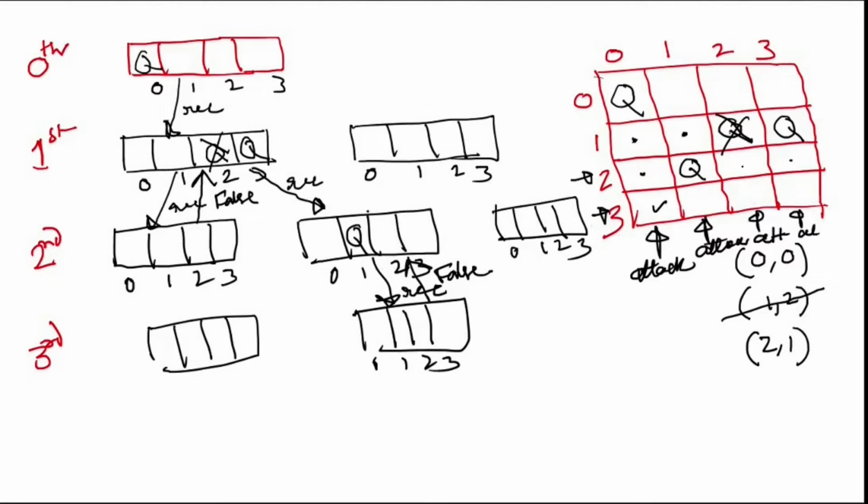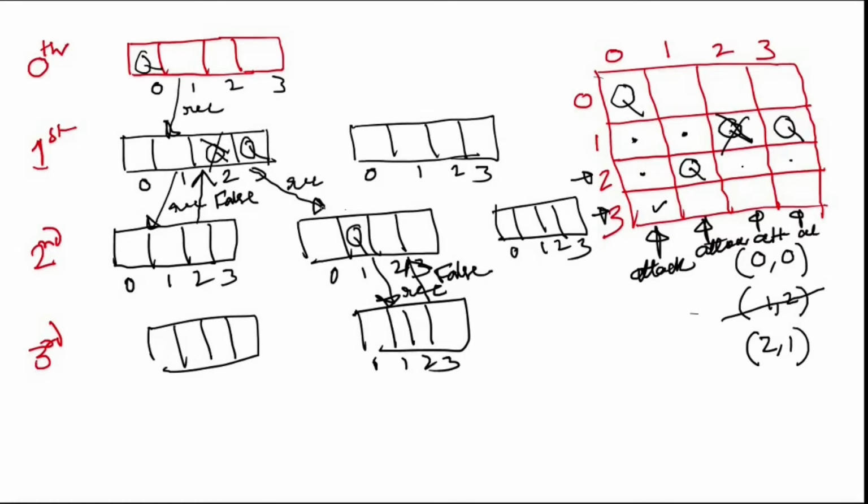That means this also will be false, which in turn will suggest that this also will be false. Yes or no? So here nothing is being placed. So the 2, 1 that we have done here, this also will be a false call.